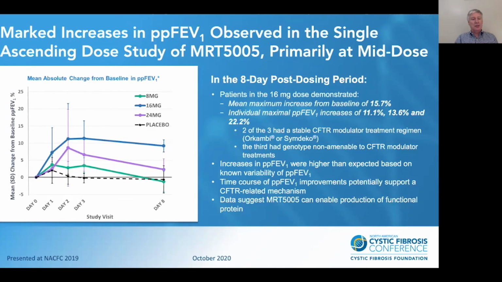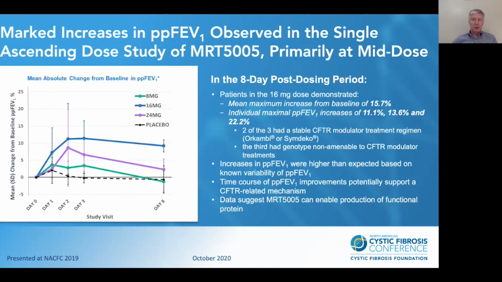The time of onset of those increases is consistent with data on the rate of CFTR expression in model systems. And I should note that the increases were higher than we were expecting, particularly if you compare those with the known variability seen in FEV1 in CF patients.